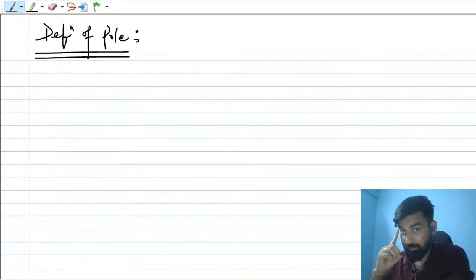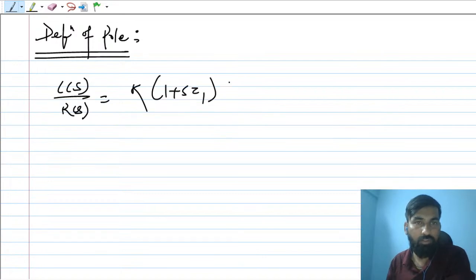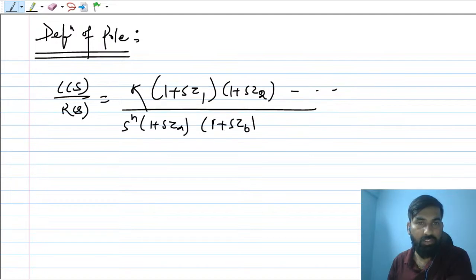Remember this, because the standard transfer function C(s)/R(s) is A times (1 + sτ1)(1 + sτ2) and so on, upon s to the power n times (1 + sτa)(1 + sτb) and so on.